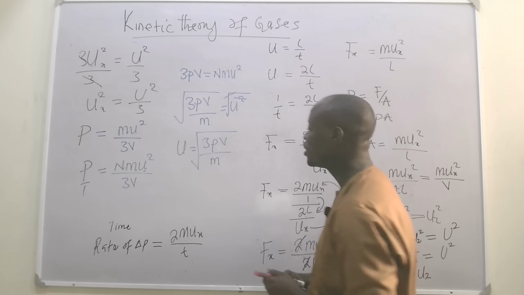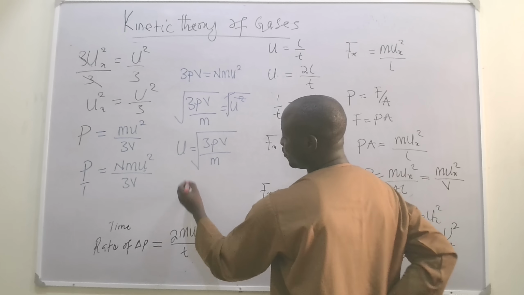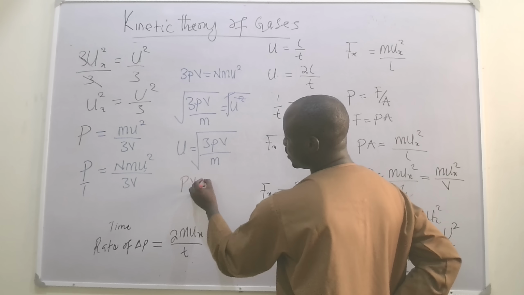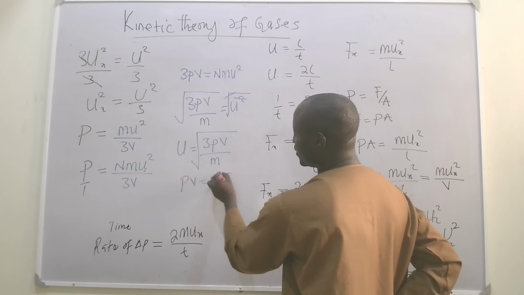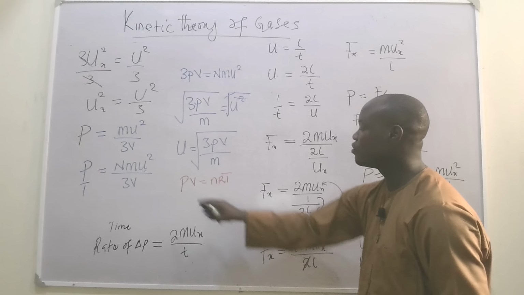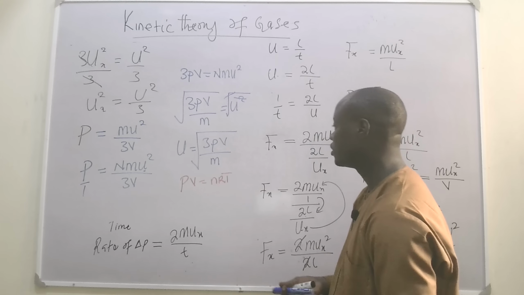And very importantly, from the general gas equation, we know that PV is equal to nRT. So you can actually substitute PV with nRT in this equation.